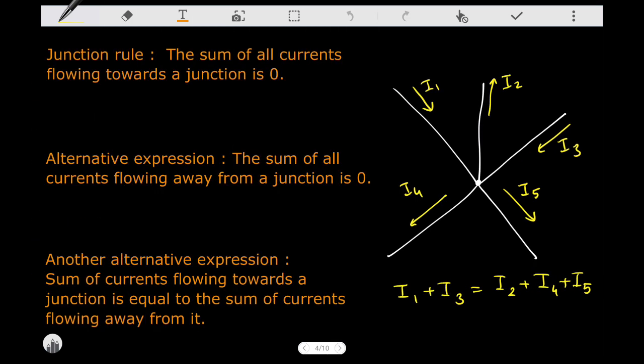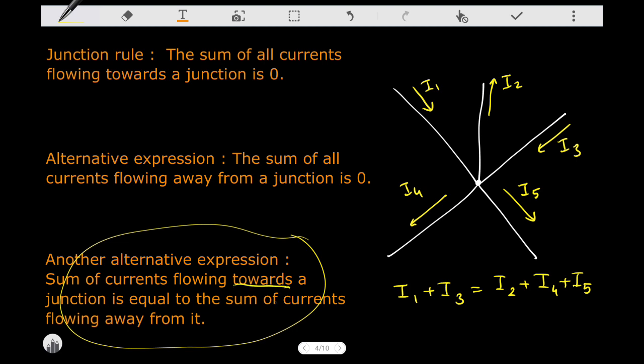But of course, in reality, most of the time when we draw the arrows on the branches, we cannot choose them in such a way that they are all in the same direction around the junction. They are going to be in various different directions. So in that case, this last expression is perhaps a little bit more useful: the sum of the currents flowing towards a junction is equal to the sum of the currents flowing away.